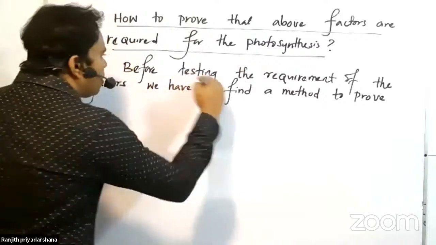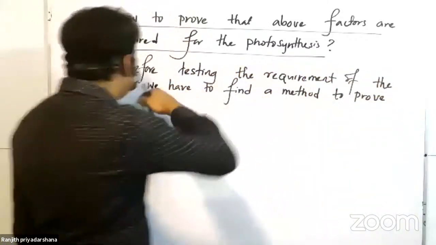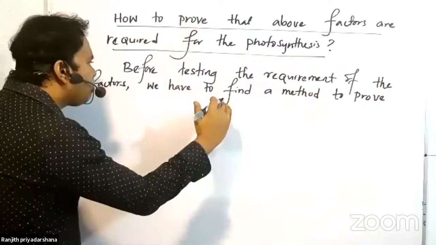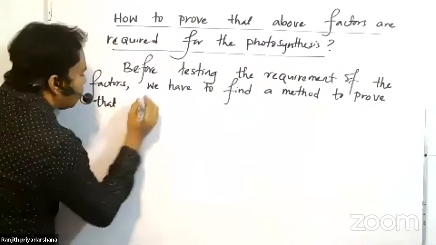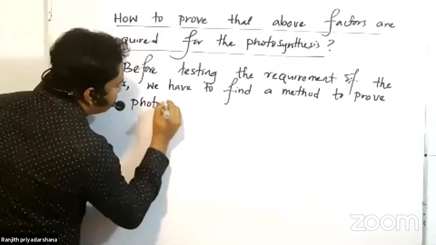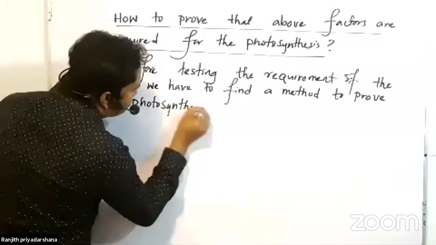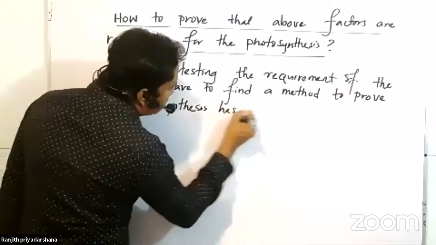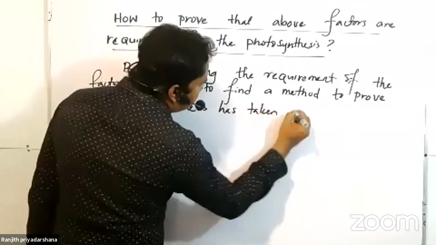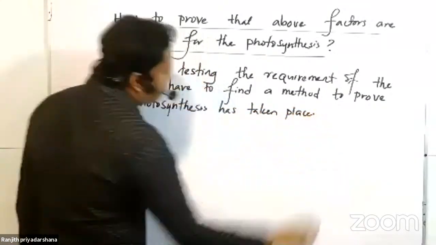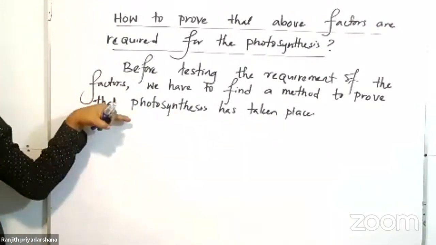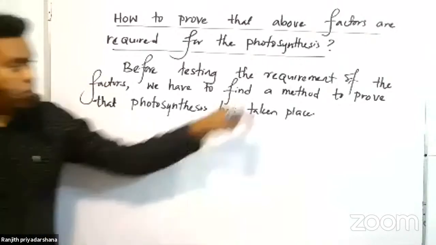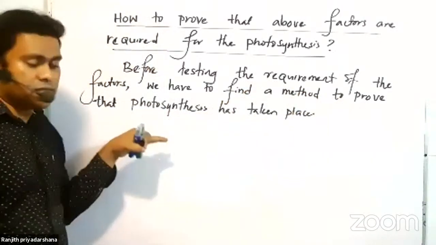Okay, before testing the requirements of the factors, we have to find a method to prove that photosynthesis has taken place. So what we are going to prove is that photosynthesis has taken place.